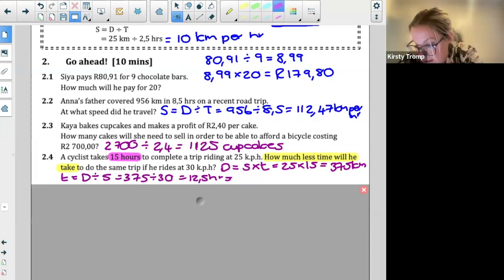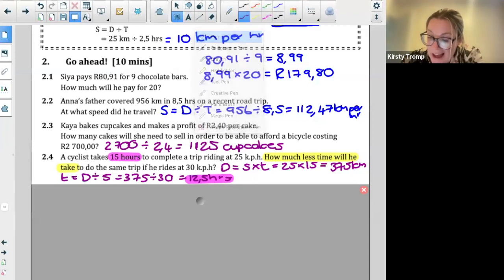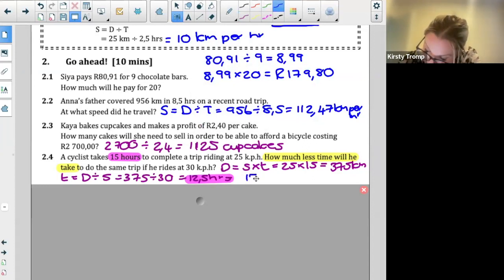He took 12.5 hours, ma'am. Good. So can we work out how much less time he took? Yes, ma'am. We're going to say 15 minus 12.5. Amazing. Well done. And that gives me 2.5 hours. So we've always got to make sure that we're finishing off that last point. Yes, ma'am. Awesome. Thanks, Emishle.